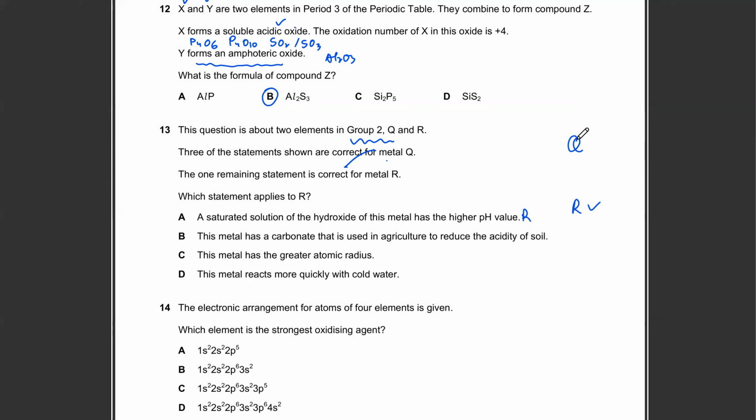That's kind of possible, right? Calcium is at the top, right? Yeah. The metal has the greater atomic radius. That's wrong, right? Atomic radius increases down the group. Yeah, so Q will not have the greater atomic radius, right? Yeah. So that means it can't be A, right?